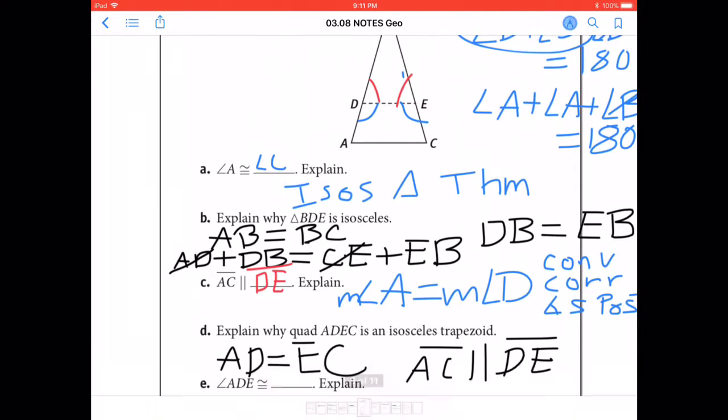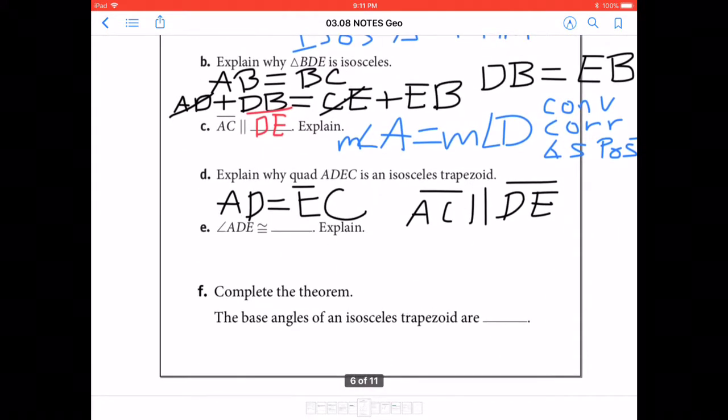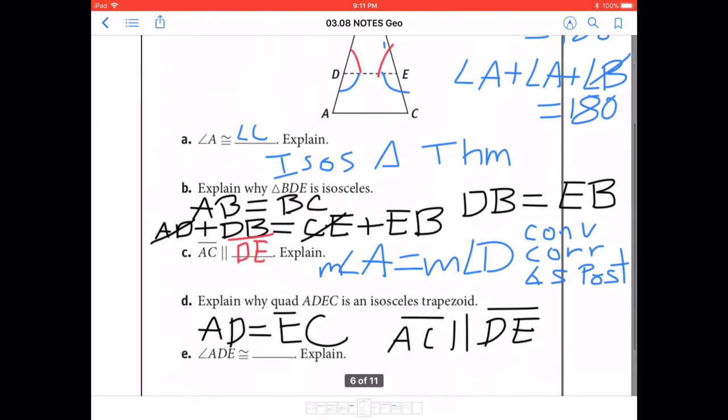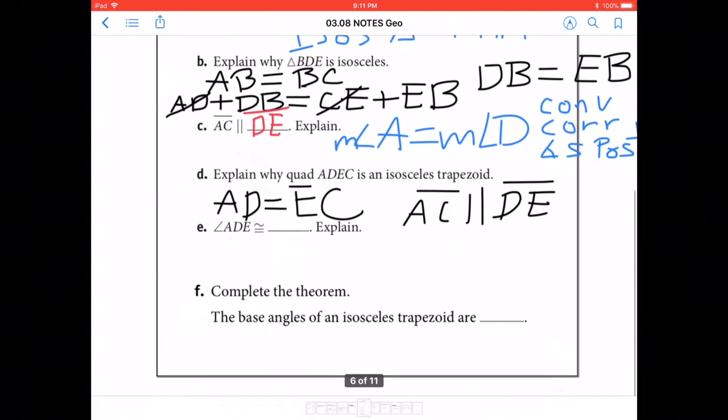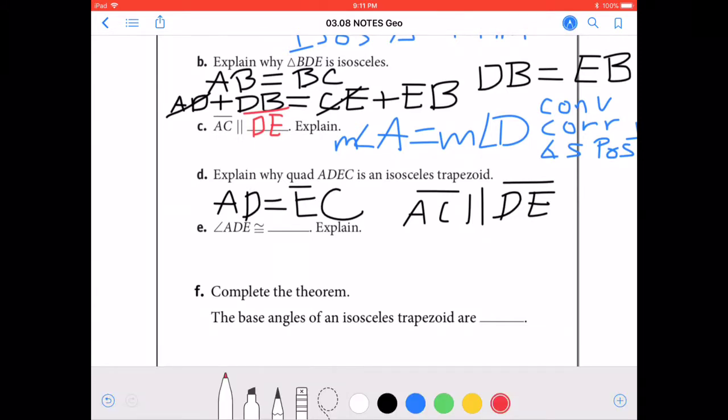All right. So if we keep going down, that means all these things are congruent to each other. So the base angles in isosceles triangles will be congruent. So if you skipped ahead in the video, hopefully you landed here.